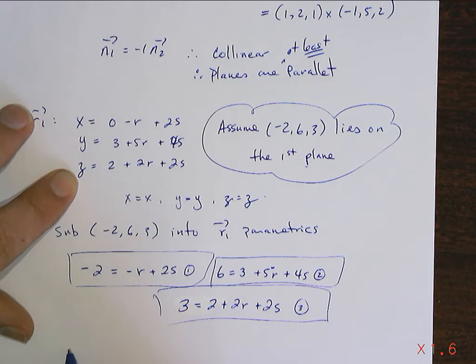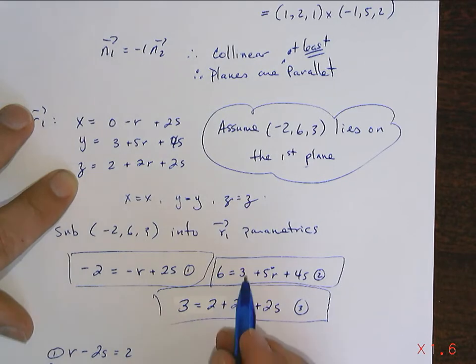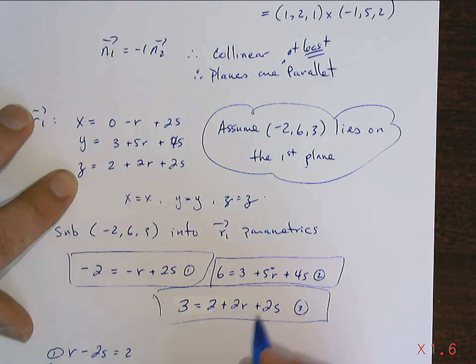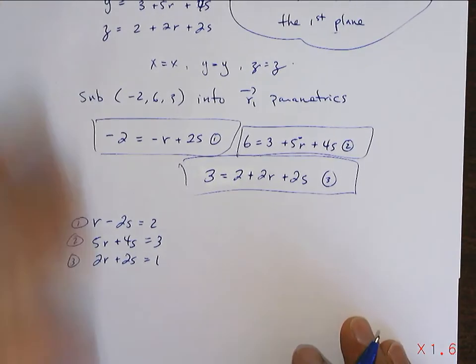So it'll be r - 2s = 2. That's equation 1. Equation 2 will be 5r + 4s = 3. And equation 3 will be 2r + 2s = 1.